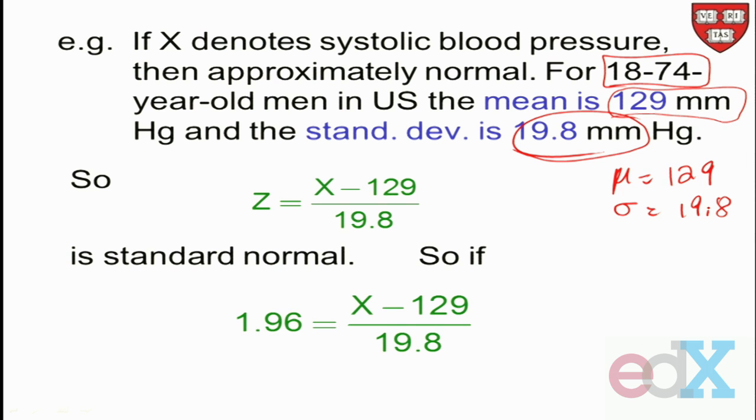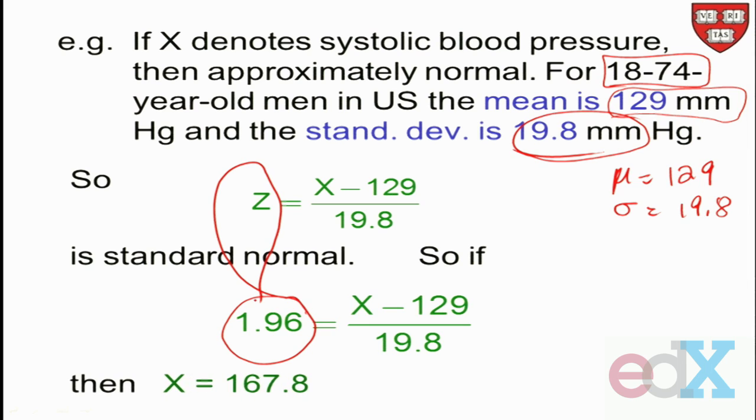So, for example, remember our magic 1.96. 1.96 on the z scale translates to, multiply both sides by 19.8 and add 129, an x of 167.8. So in this population, we are going to get a value bigger than 167.8 2.5% of the time.